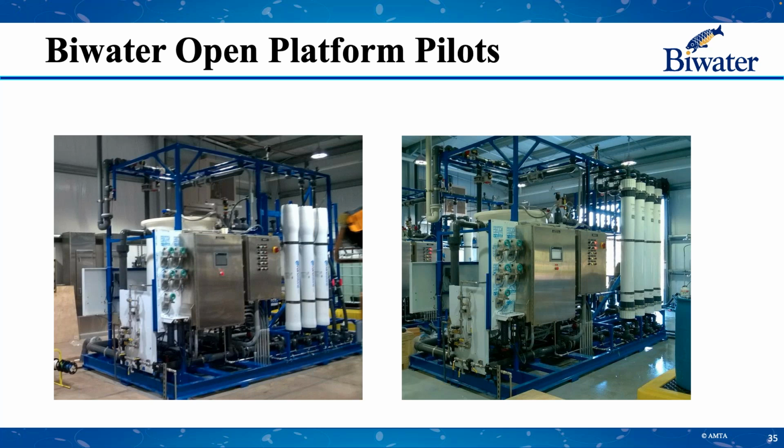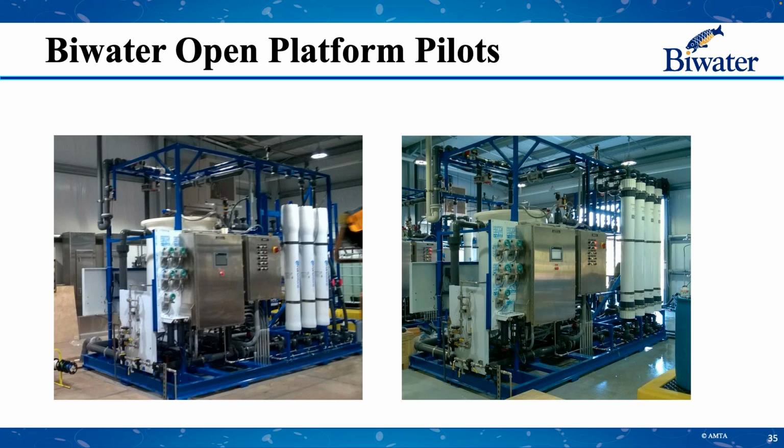Good news. So we have a couple of photos there, just examples, and they look very similar, but they're not. But I think Ben may have had a couple of photos of something similar as well. We've got a UF on the left, a 3-module pilot plant, and the one on the right, it's actually got 4 modules installed, but I think that can take 5 modules.